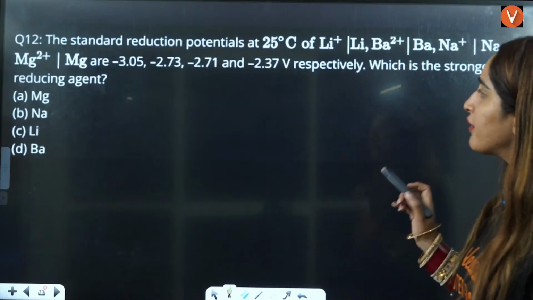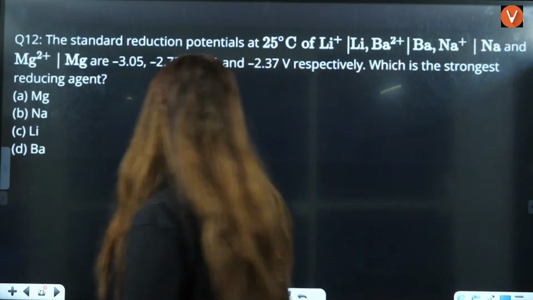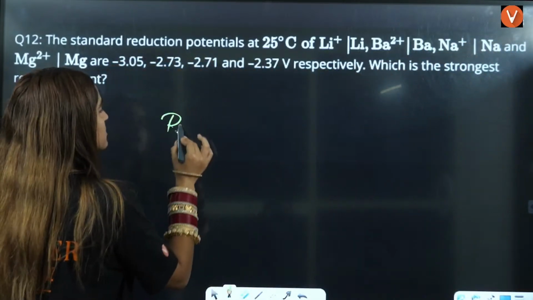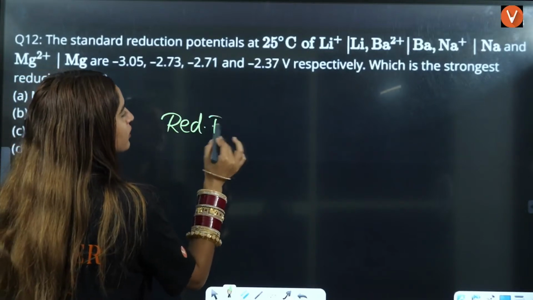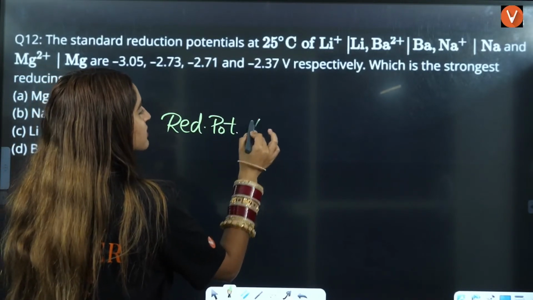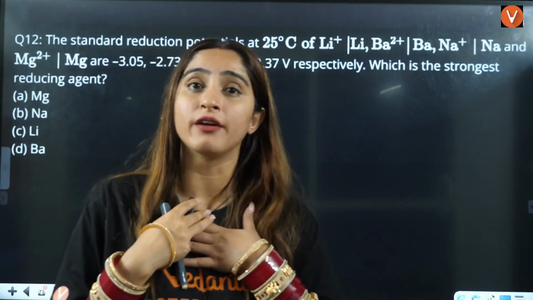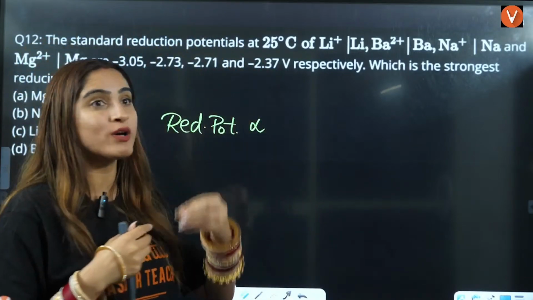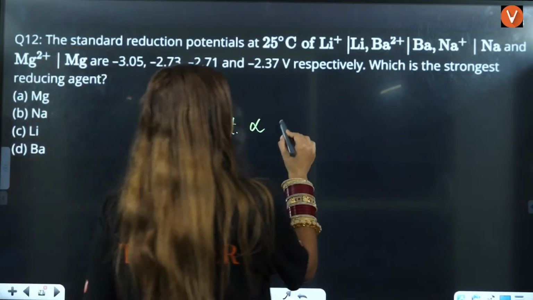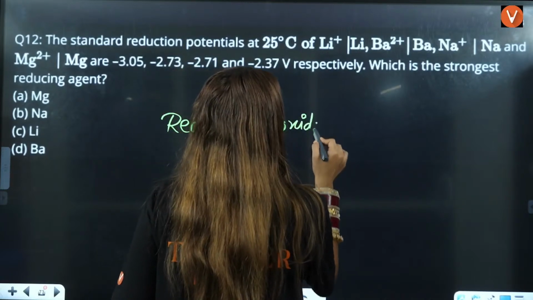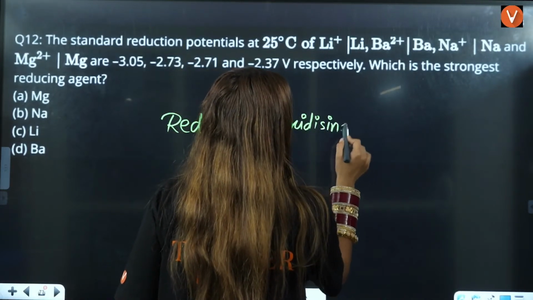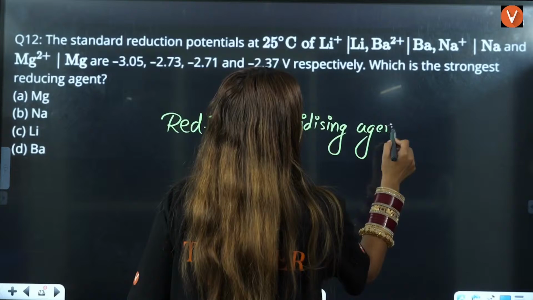The standard reduction potential, and they are asking you the reducing power. But see, the one which has high reduction potential wants to get reduced. That means it wants to oxidize something else, so it is a very good oxidizing agent.